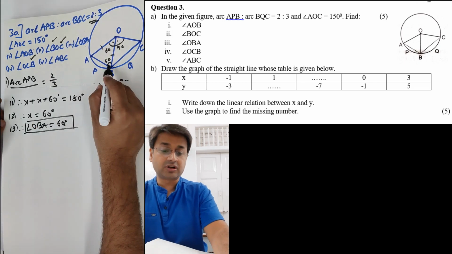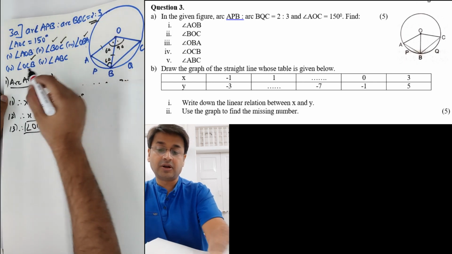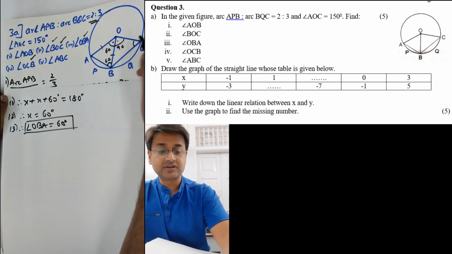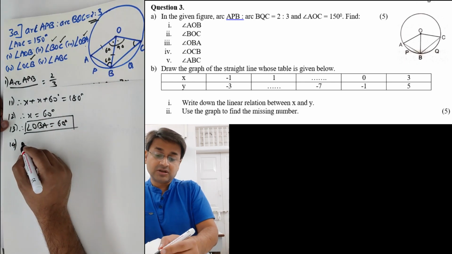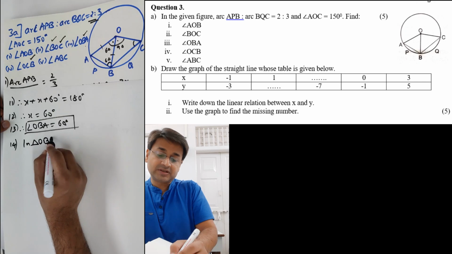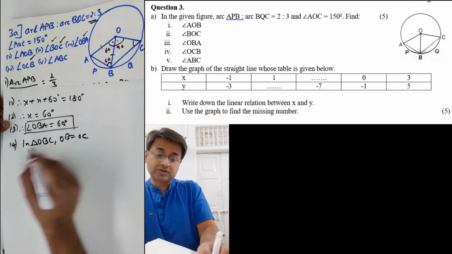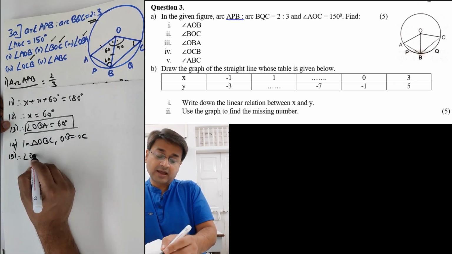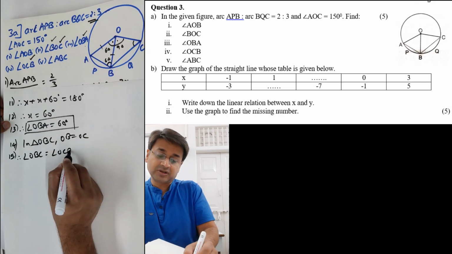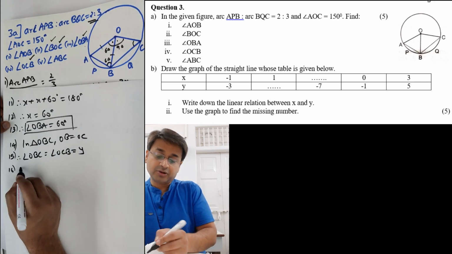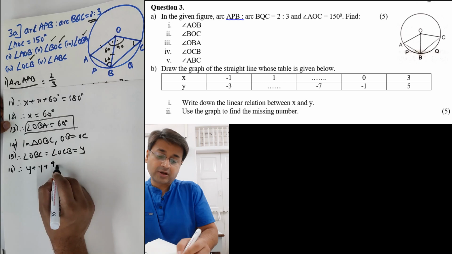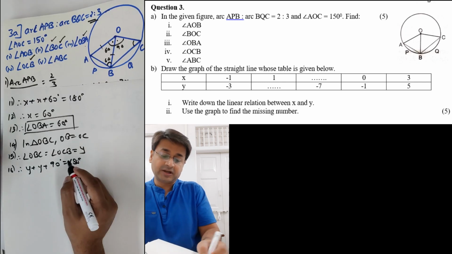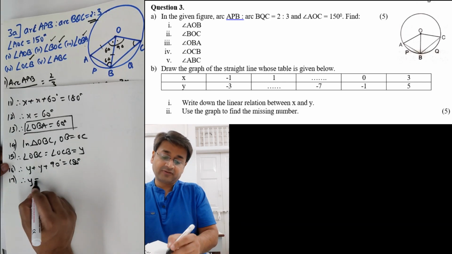So we got this bottom angle as 60, OBA the third one. Then OCB, that is here. So same logic, you can say in triangle OBC, OB equals OC, and therefore angle OBC equals OCB equals Y. Don't use X again. So Y plus 90 is equal to 180. So your Y will be 45.